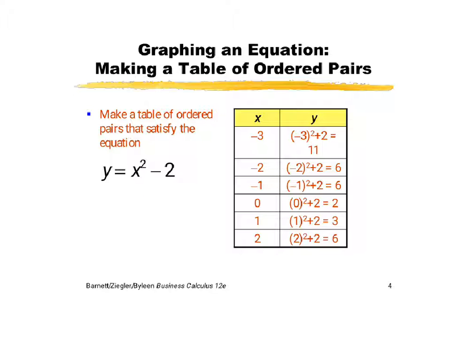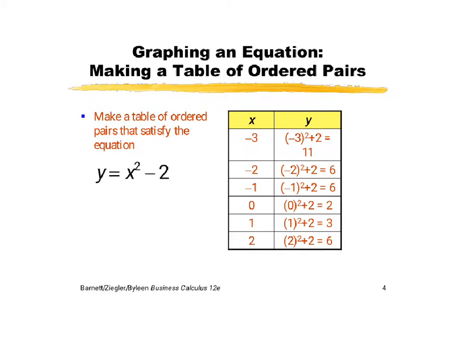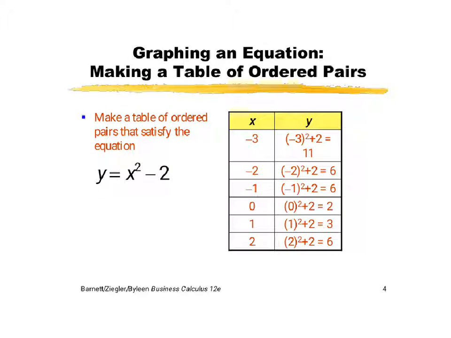Okay, so notice these x values here, which range from -3 to +2. So we'll plug these values into the equation y equals x squared minus 2 to find our corresponding y values.